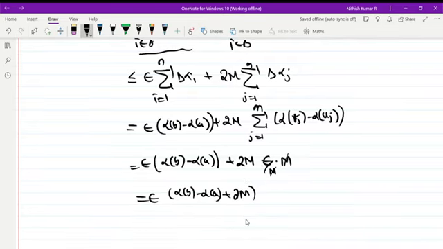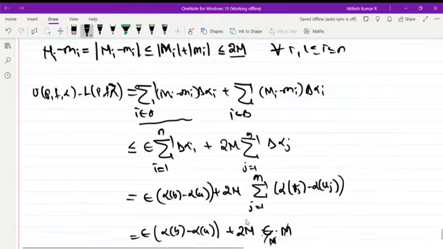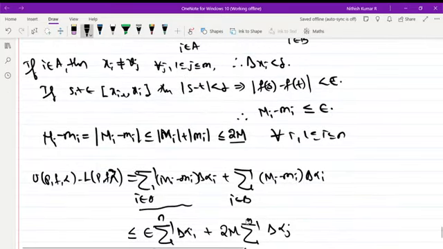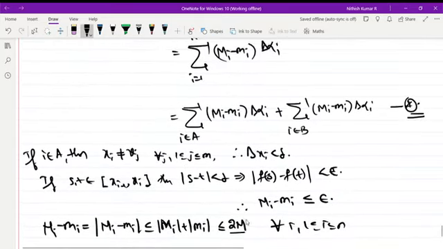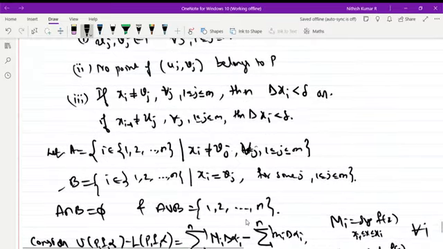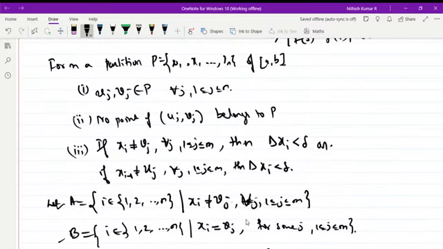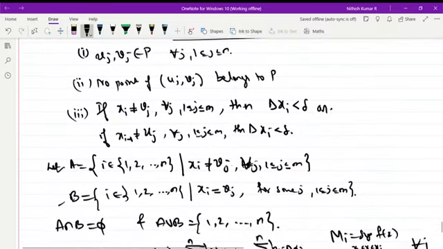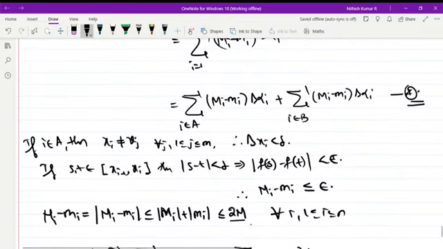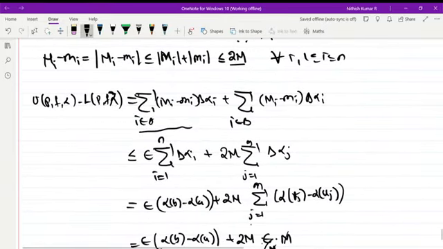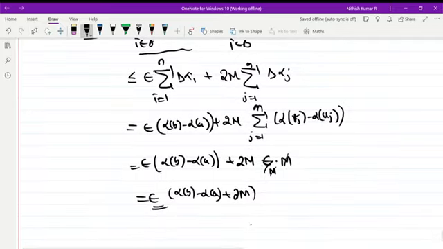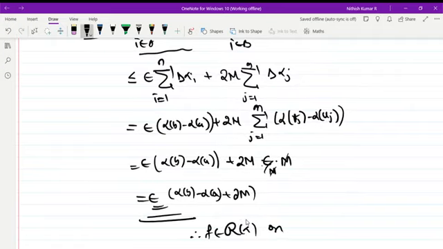Since epsilon greater than 0 is arbitrary, for the given epsilon greater than 0 there exists a partition P of the closed interval a comma b such that U(P, f, alpha) minus L(P, f, alpha) is less than epsilon. Therefore f belongs to R of alpha on the closed interval a comma b.